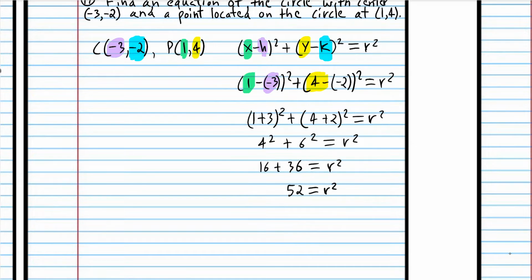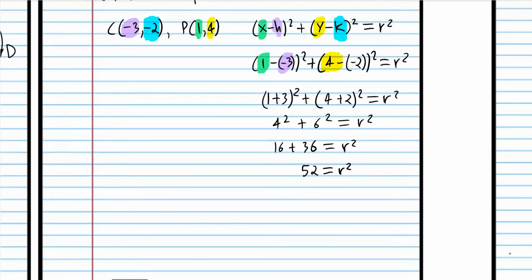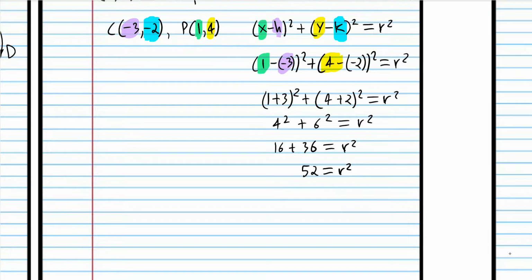So now we're ready. We have x minus the x value of the center squared plus y minus the y value of the center squared is equal to r squared, which is 52. So I got that r squared from here.